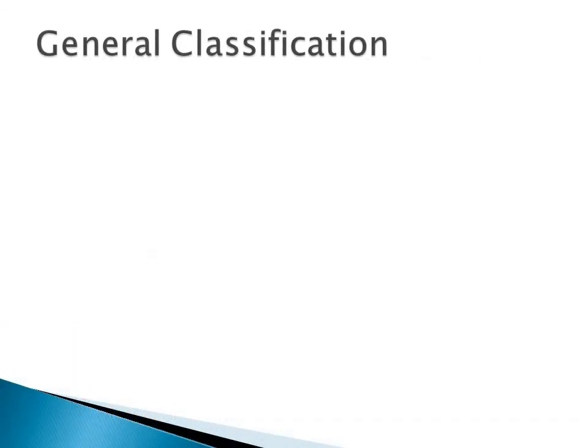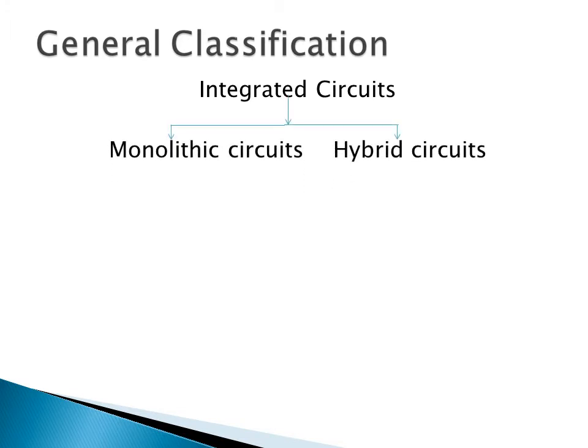What we're going to see now is the general classification of ICs. Generally, ICs are classified into two types: monolithic circuits and hybrid circuits.